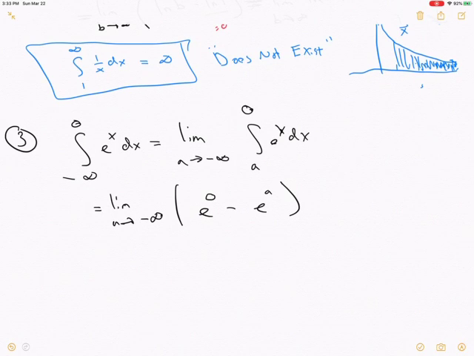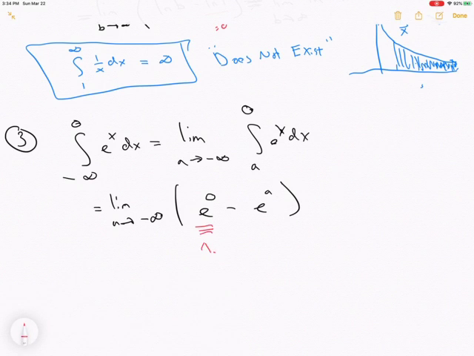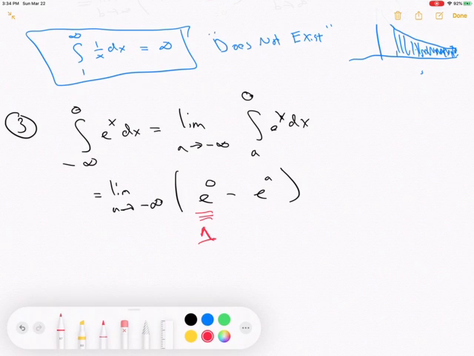And you should all know that e to the 0 is the number 1. And so now we're taking the limit.